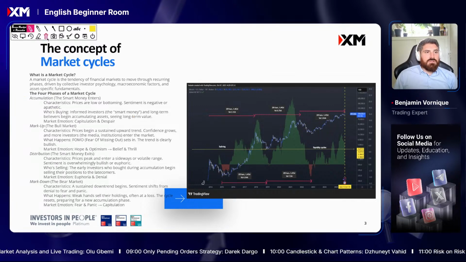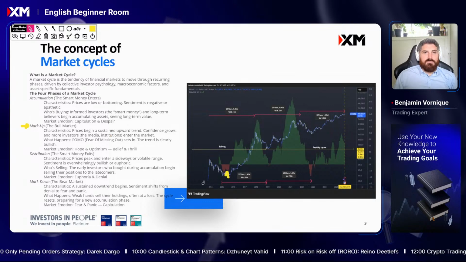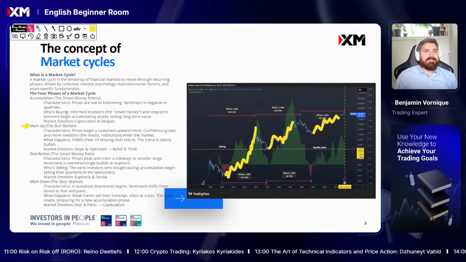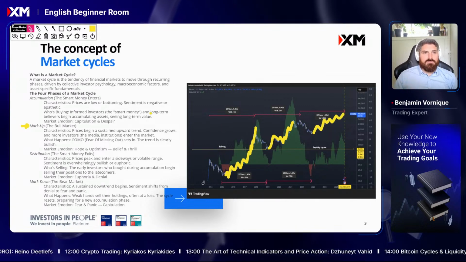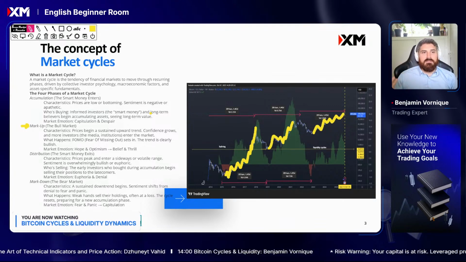After the accumulation, you do have the markup, which is the start of the bull market, where you basically have higher highs and higher lows. Okay? Like this, higher highs and higher lows. It's just a sustained upward trend, and this is where most of the money is made. Higher highs and higher lows confirm the trend.